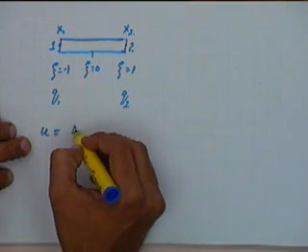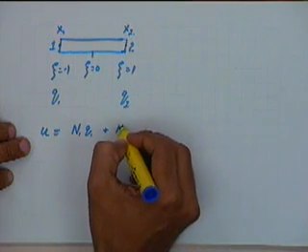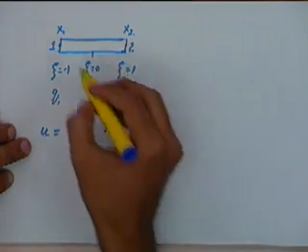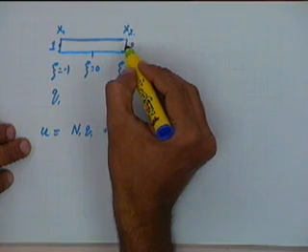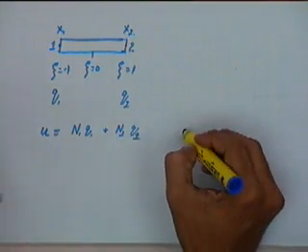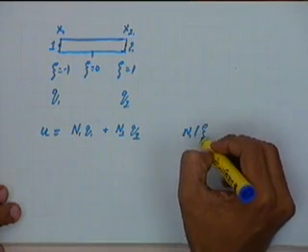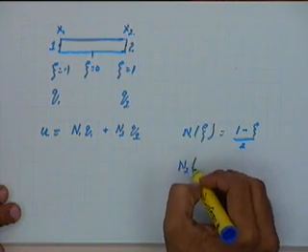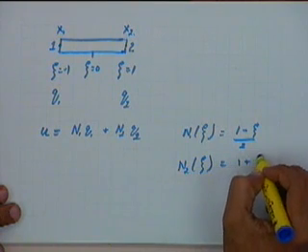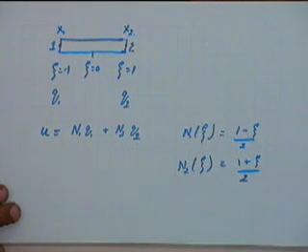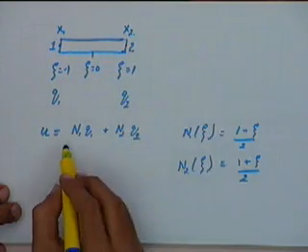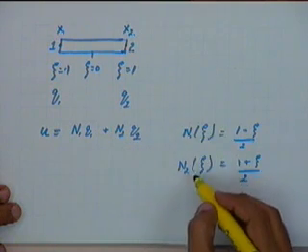Let us say it is a linear combination, n1 q1 plus n2 q2, where n1 is a function of zeta equal to (1 minus zeta) by 2, and n2, which is also a function of zeta, is equal to (1 plus zeta) by 2. So u, the deformation at any point inside this element, is given by n1 q1 plus n2 q2, where n1 and n2 are functions of zeta.